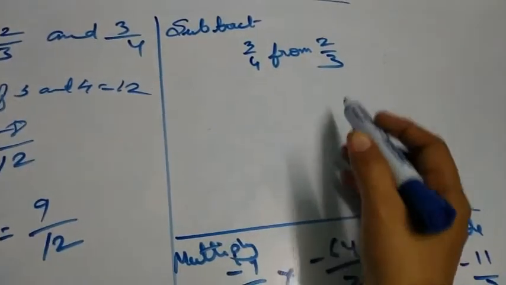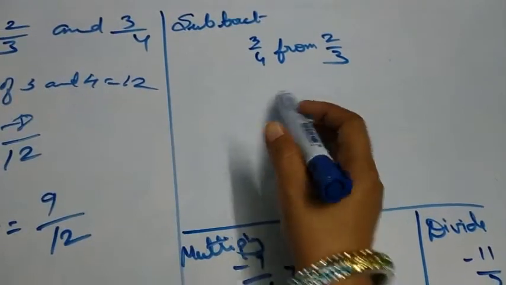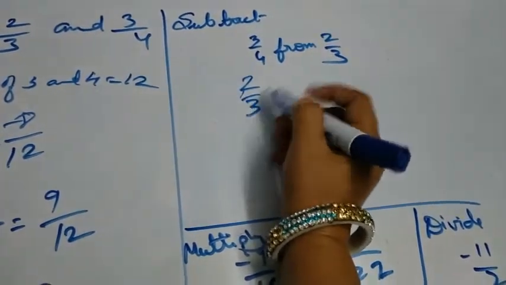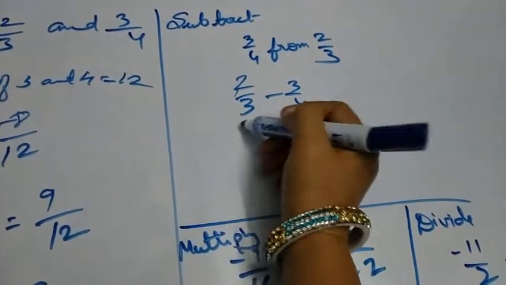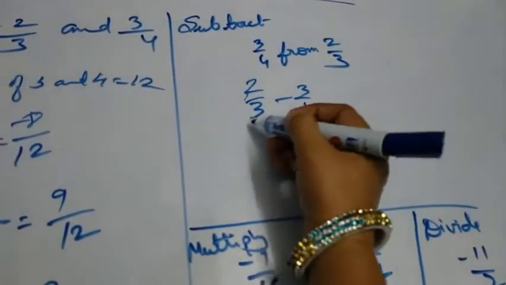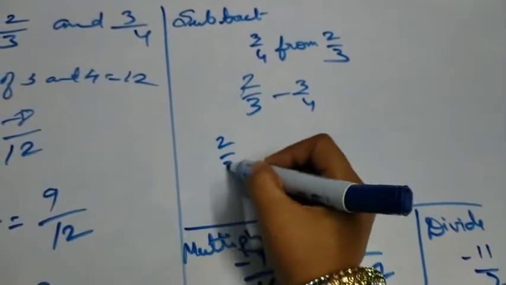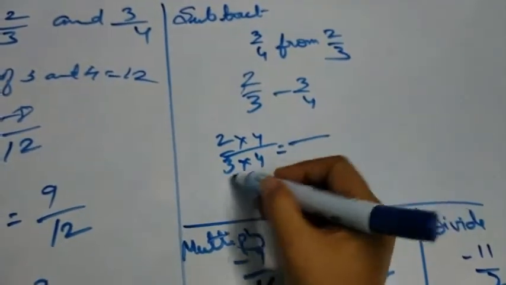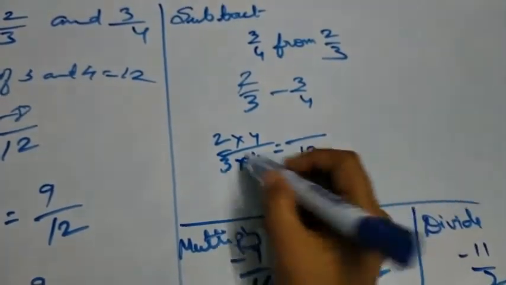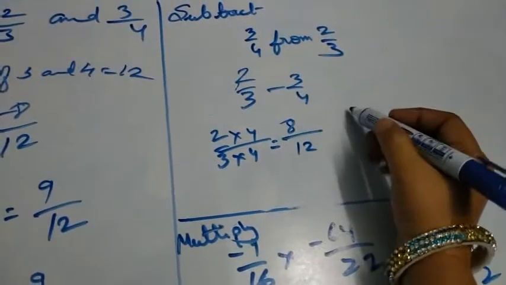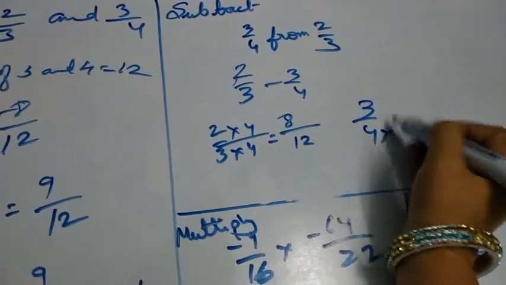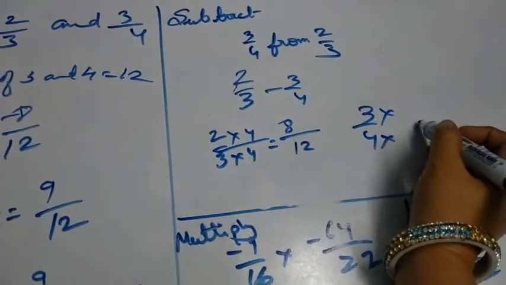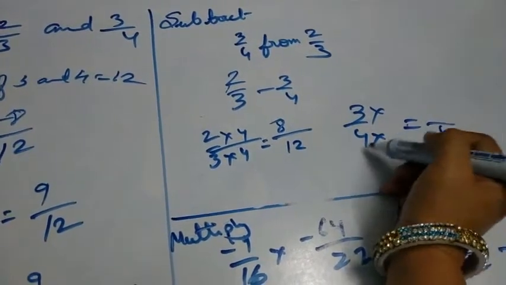Okay, similarly subtraction will be there. Subtract 3/4 from 2/3. So we will write 2/3 first, then minus 3/4. First we will find the LCM of 3 and 4, that will be 12. So 2/3 is multiplied by a number so that it becomes 12. So we will multiply it by 4; 4 2s are 8. Now 3/4 again has to be multiplied by a number so that the denominator becomes 12. Why are we making it 12?